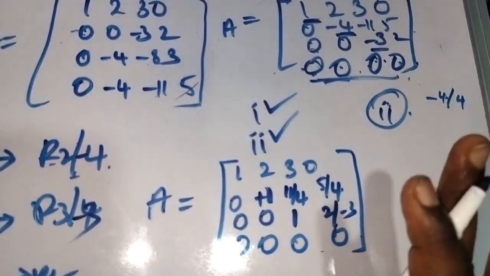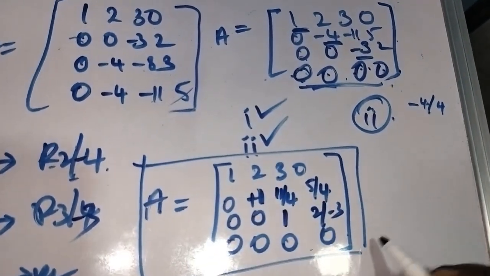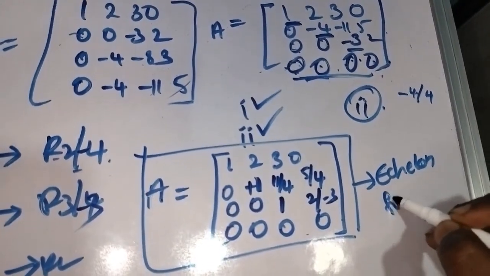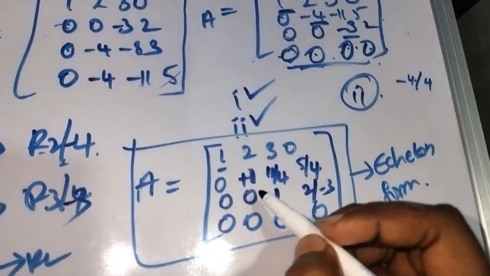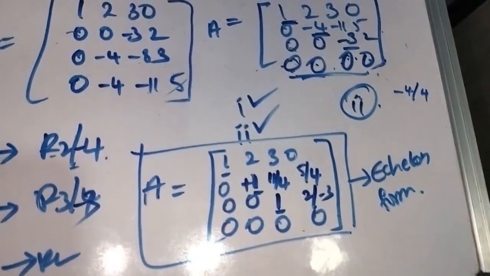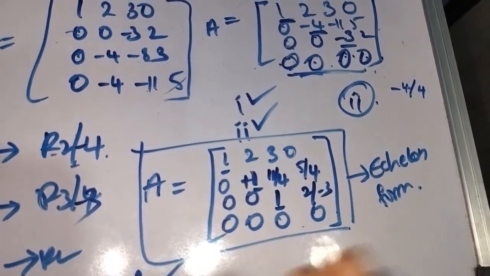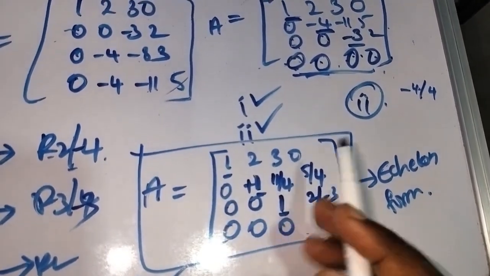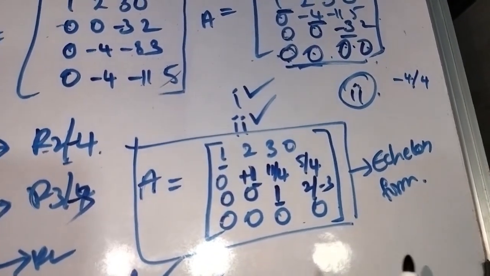From this matrix, we can say that this equivalent matrix is an echelon form of the matrix, because the first non-zero entry in every row is 1. So the first case is cleared, and the second case is that the zero entries should be in increasing order from top to bottom. It is also okay now.